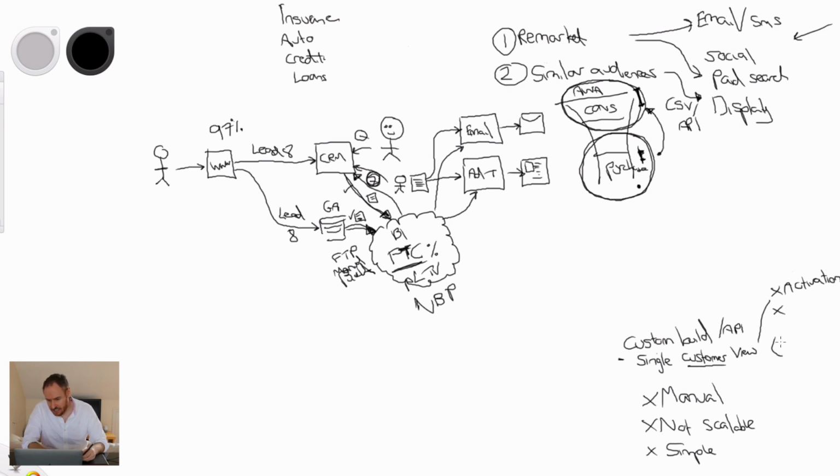Because again, these projects are often run by IT. So IT concentrate on how do we get all the data into one place and store it, but they don't concentrate on exporting it. And even if they do build the pipes to the activation platforms, they maybe don't consult with the marketing team well enough. Maybe they build a pipe like we've done here from the single customer view system into Facebook.